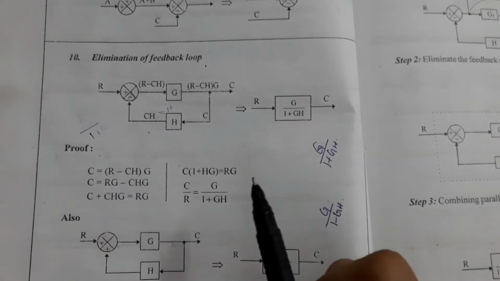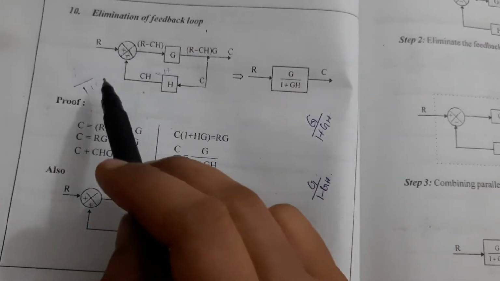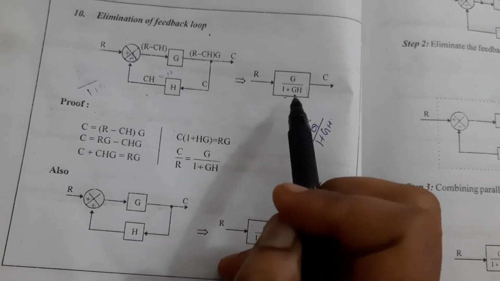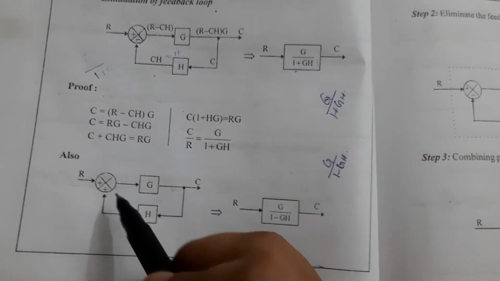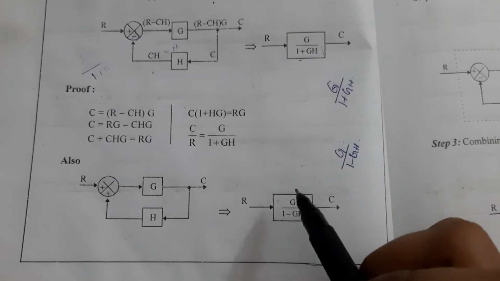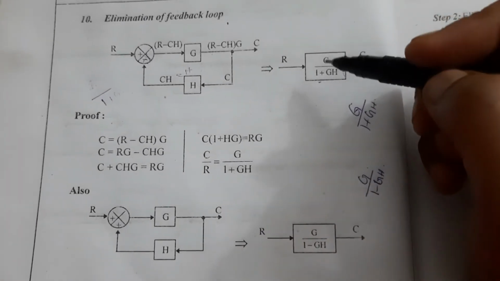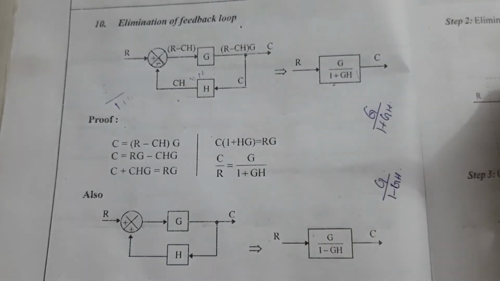So remember, this minus means we get a plus symbol here, G divided by 1 plus GH, and if this is plus, we will get G divided by 1 minus GH, and this is the rule for eliminating the feedback loop.